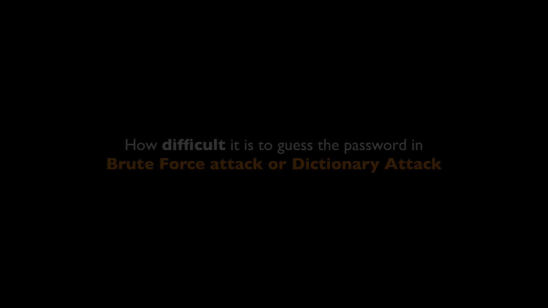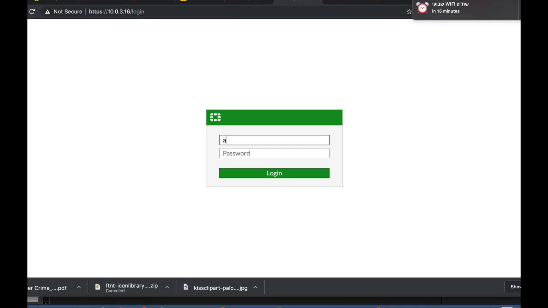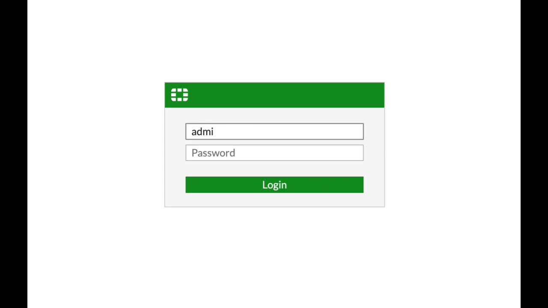So entropy, in plain words, is the difficulty in guessing a password, either in a brute force attack or a dictionary attack. Now, how do you calculate entropy? Well, you do it using the length of your password and the complexity of your password.